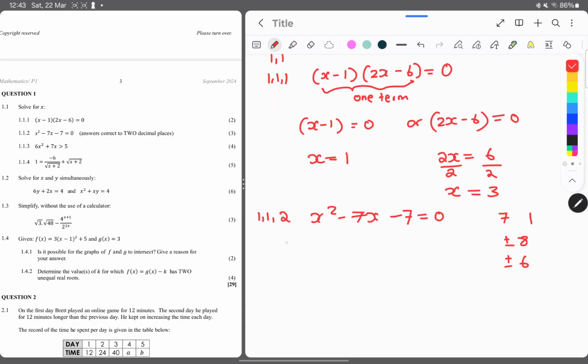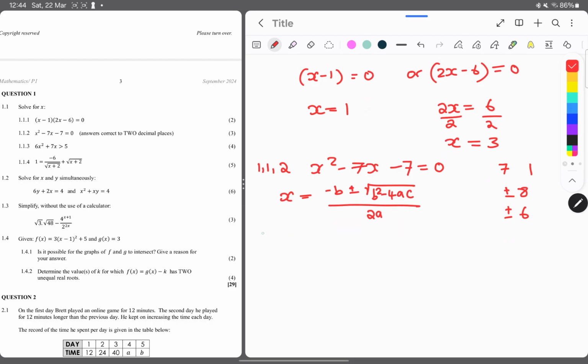Now, because it cannot be factorized, we have to use the quadratic formula, which says x equals minus b plus or minus the square root of b squared minus 4ac, divided by 2a. The first thing you must do is find your variables. What is a? a is 1. What is b? b is equal to minus 7.